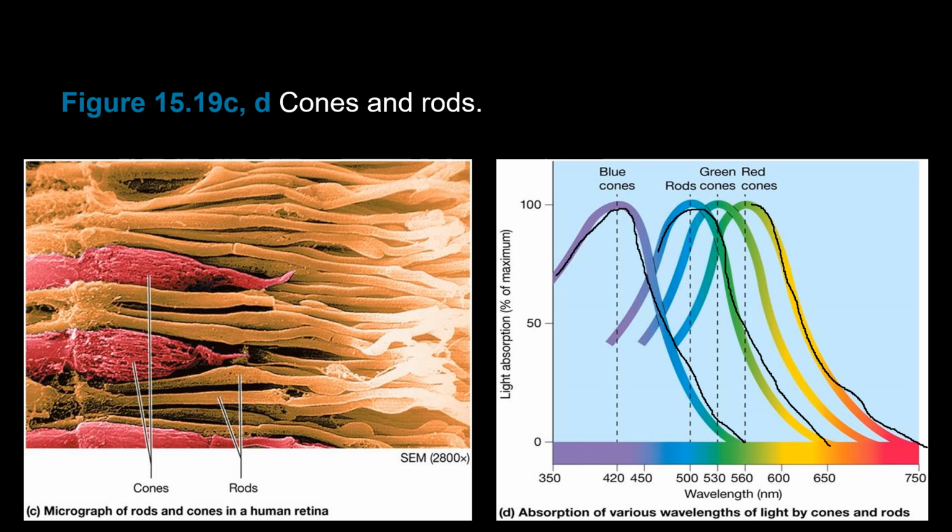But here, we have great images of, what do we have? We have cones right here, named so because it's shaped like a cone. And then the cells in between them are all rods. We have way more rods than we have cones. I think each retina has about 3 million cones, but there are about 100 million rods in each retina.